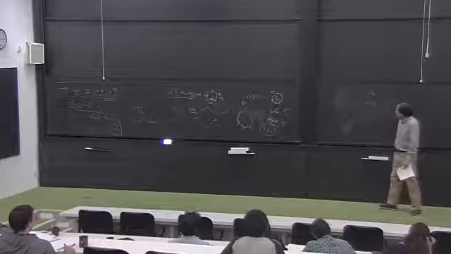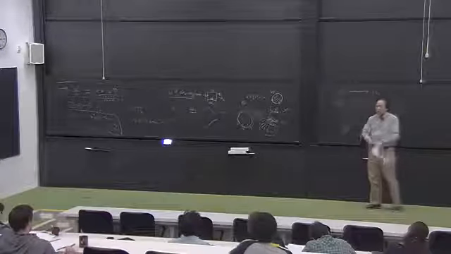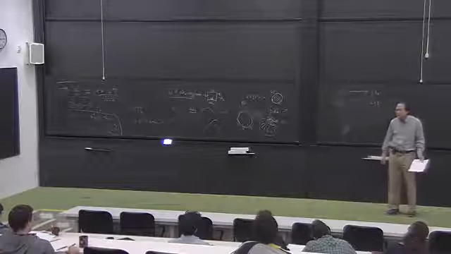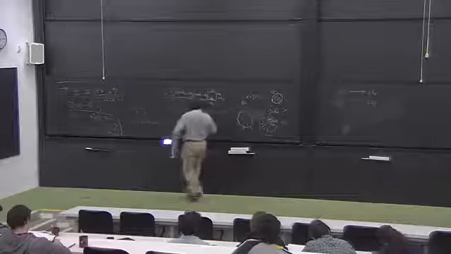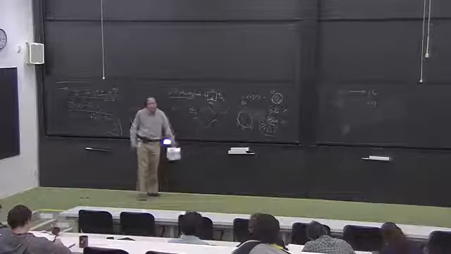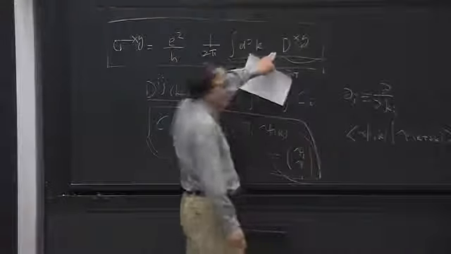So the question is, can we deform H1 into H2 without a phase transition? Basically, can we change the Chern number of the band continuously in some way? And we say we cannot, because this is quantized.